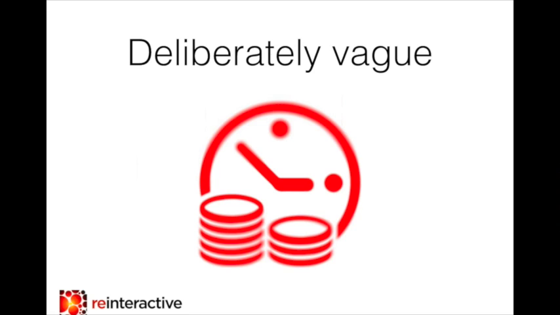So one of the real benefits of using points over a more familiar concept of like hours or days is that we are deliberately vague. The scale is not very fine-grained, and that's deliberate.